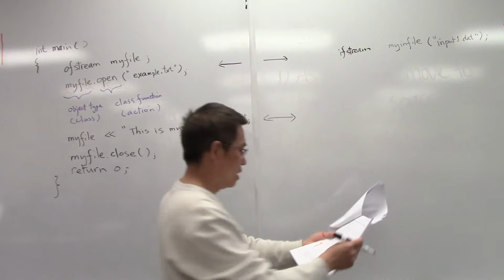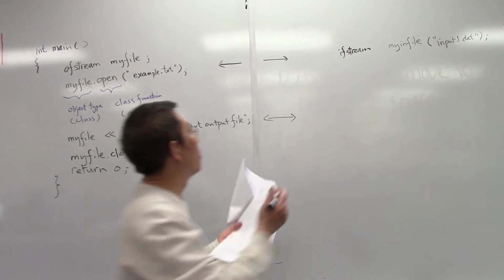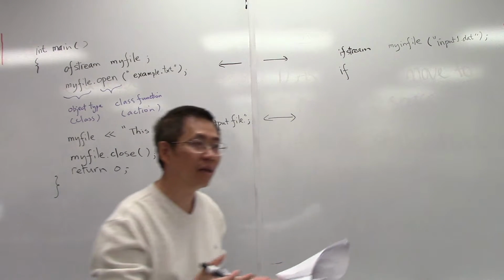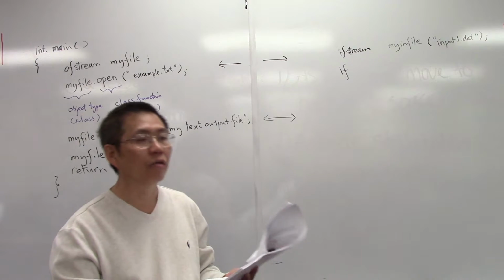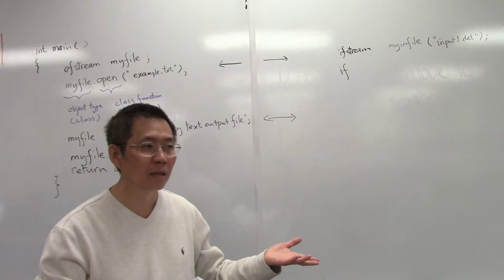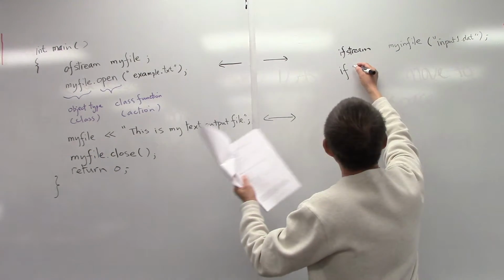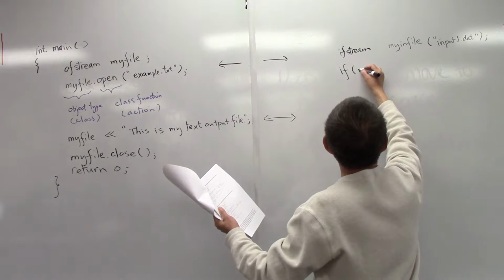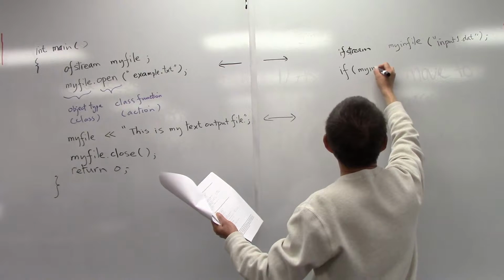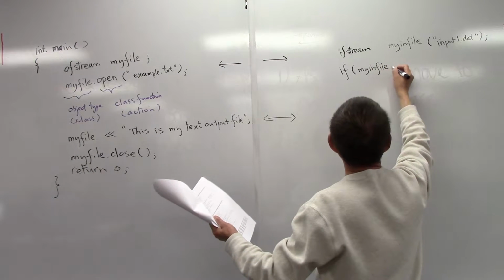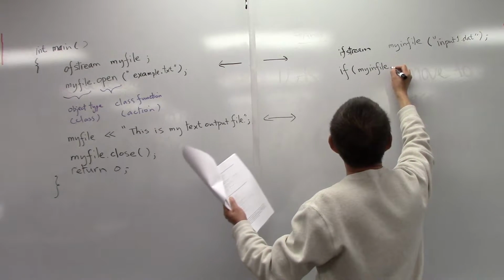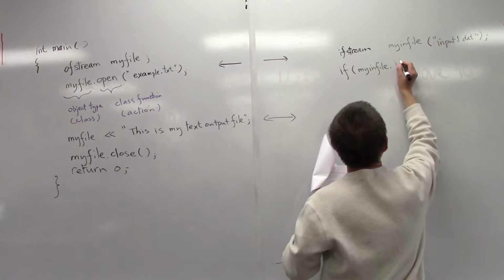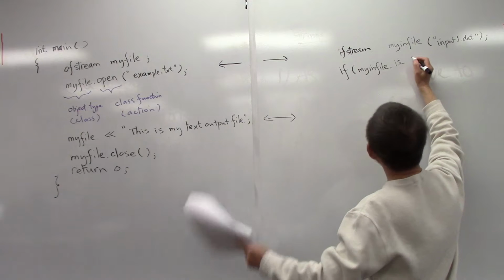Okay, but it is also a good program practice to check it indeed exists. So we use an if statement. Even though it's not mandatory, it's a good habit. Now we can say if this file, my in file, the function is called is open.